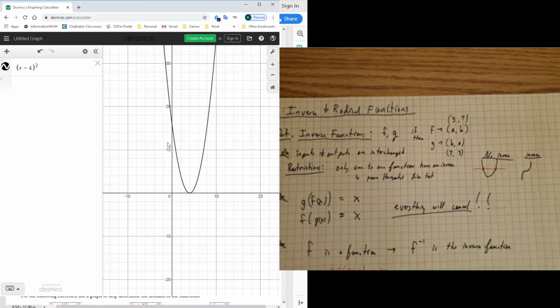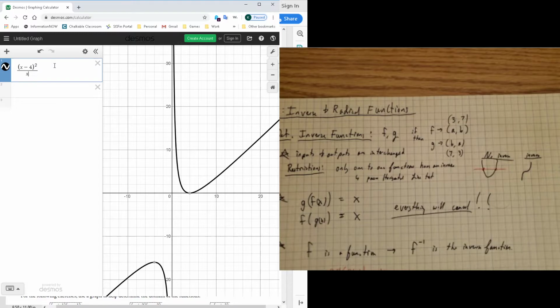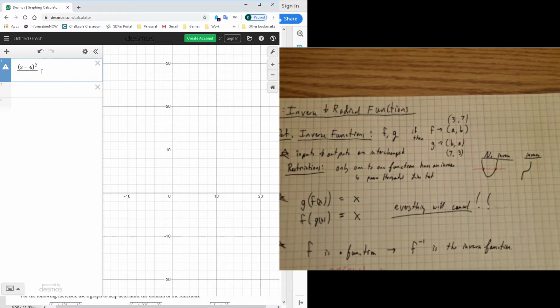Okay, it just fails it. It doesn't work with a vertical line test. So what I can do is restrict this to just that piece. Wait, hold on. I gotta remember how Desmos does it. I think it's a semicolon, x greater than or equal to 4.